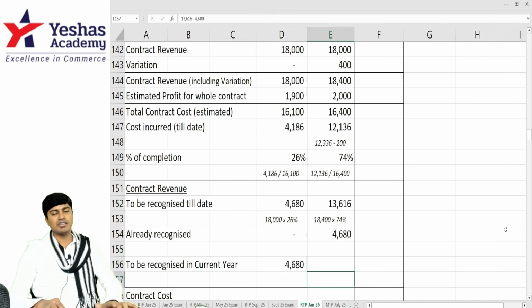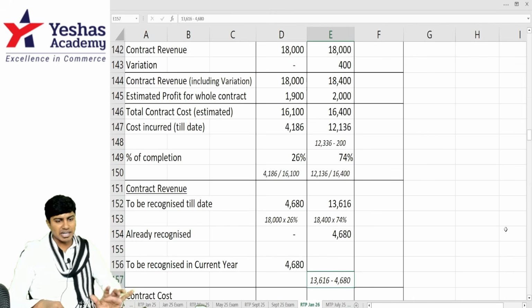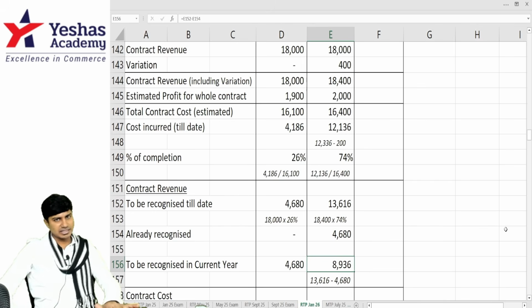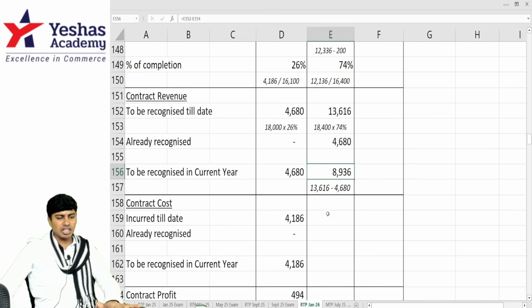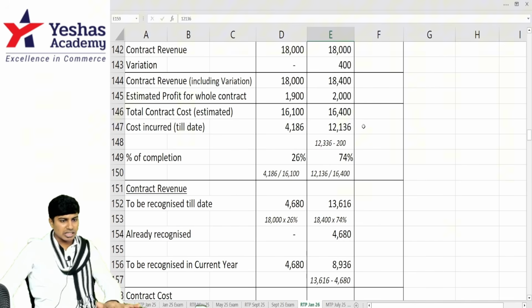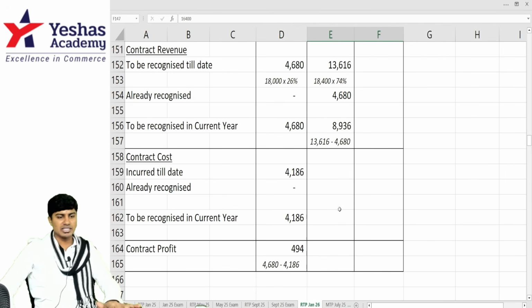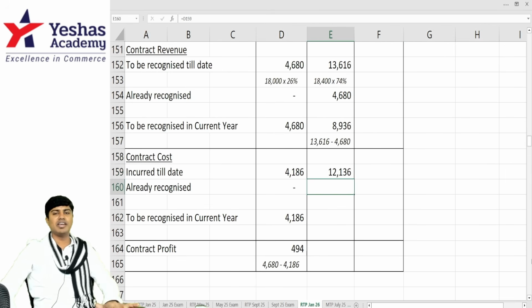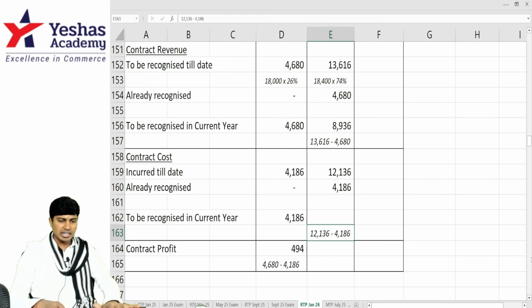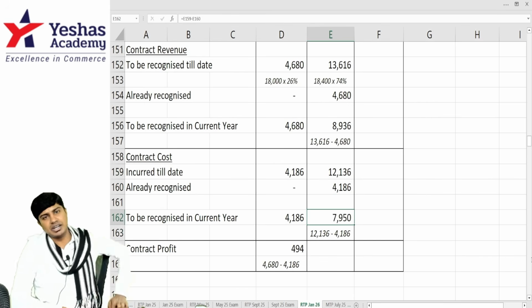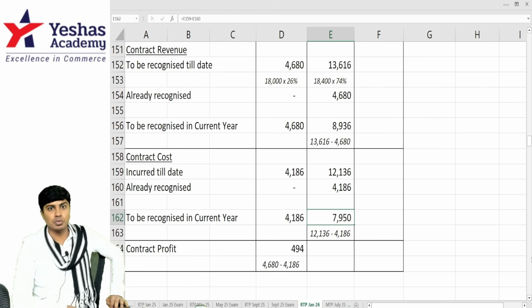So second year contract revenue is 13,616 minus 4,680, which is 8,936. Similarly, contract cost incurred till date will be 12,136. Out of 12,136, already 4,186 is recognized as expense in the previous year. If I deduct, I will get 7,950 as contract expense for year 2.